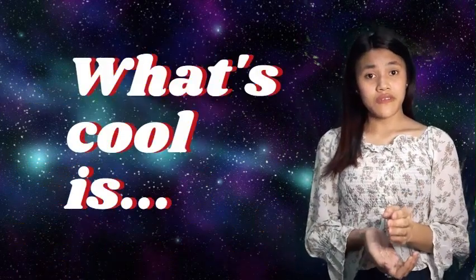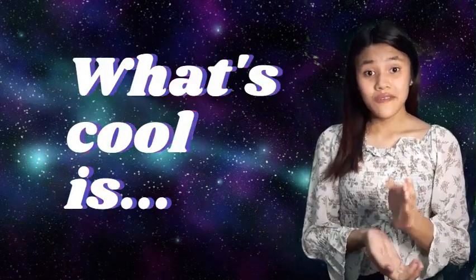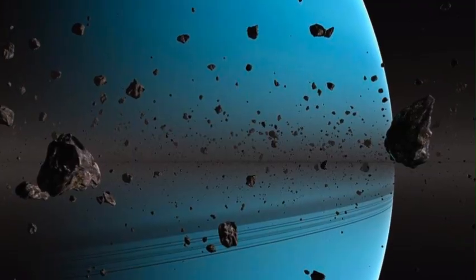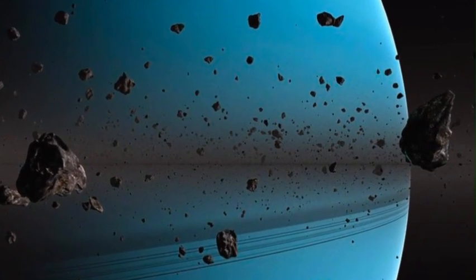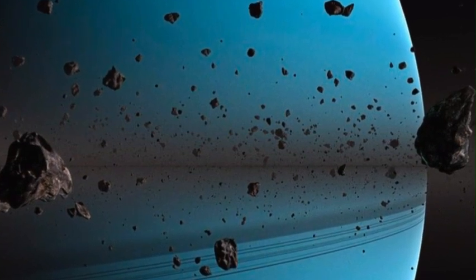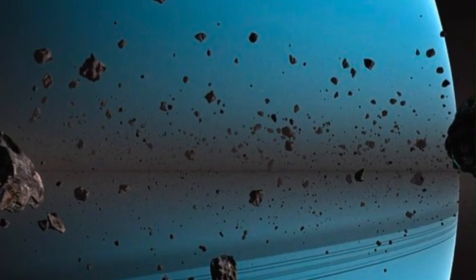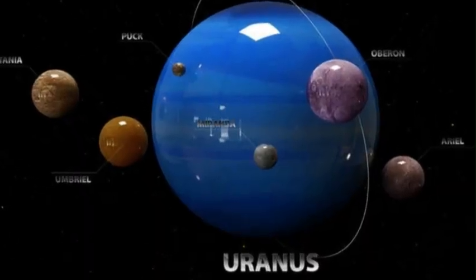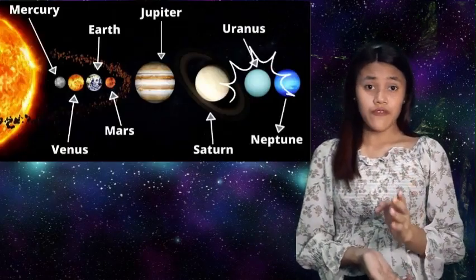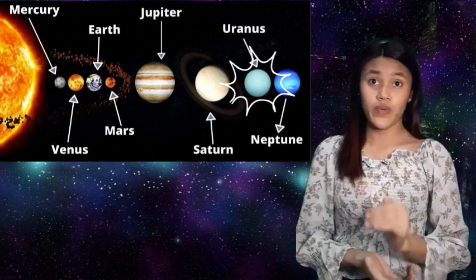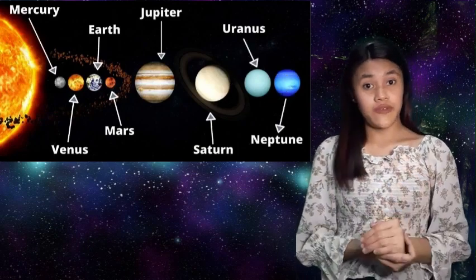What's cool about Uranus is that it has rings, just like Saturn. Yeah, its rings are made of dust particles. Scientists believe that Uranus's rings may be pieces of moons. Speaking of moons, Uranus has 27 moons. Uranus is the 7th planet from the Sun, in between Saturn and Neptune.